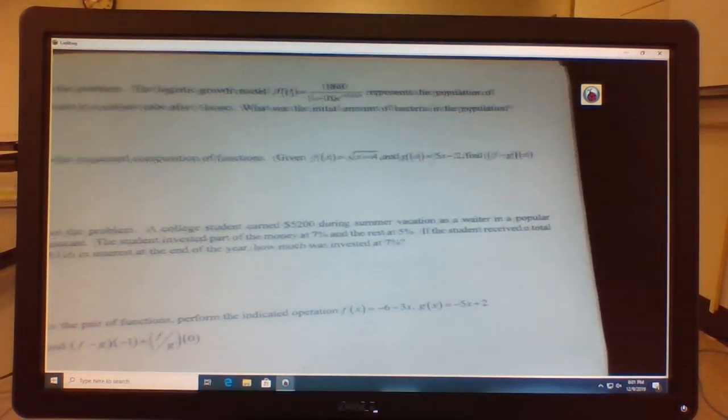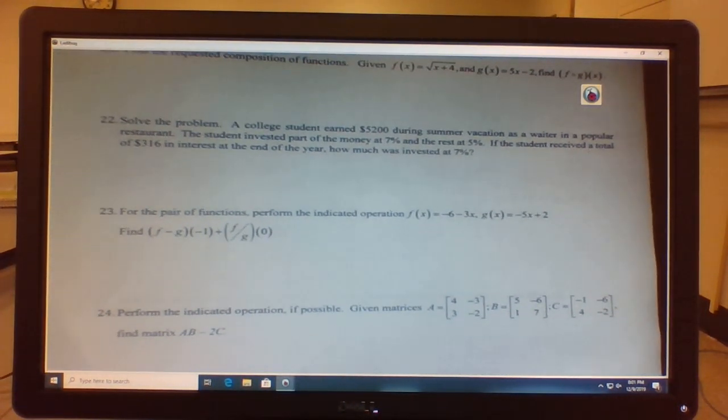I don't think we covered much of this, but so you have $5,200. I wish, right? It says you invest part of it at 7%, the rest at 5%, but together both interest gains give you $316. They only want to know how much you are investing at 7%.